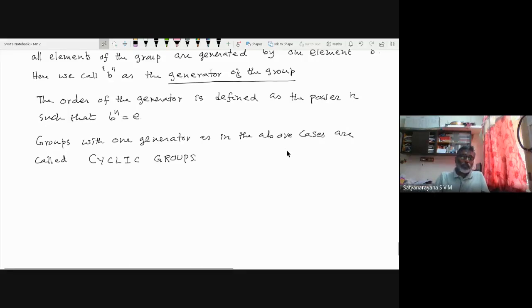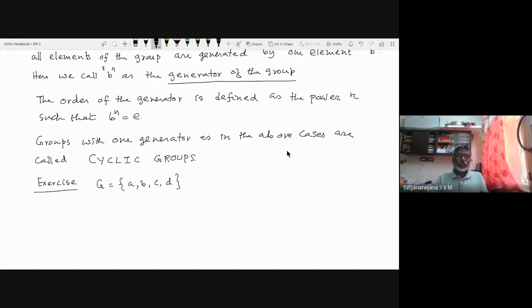Now, I will just leave this as an exercise. I want you to ponder around this exercise and spend a little time. Suppose you take a set of 4 elements, A, B, C, D, and find out conditions under which A, B, C, D becomes a group.